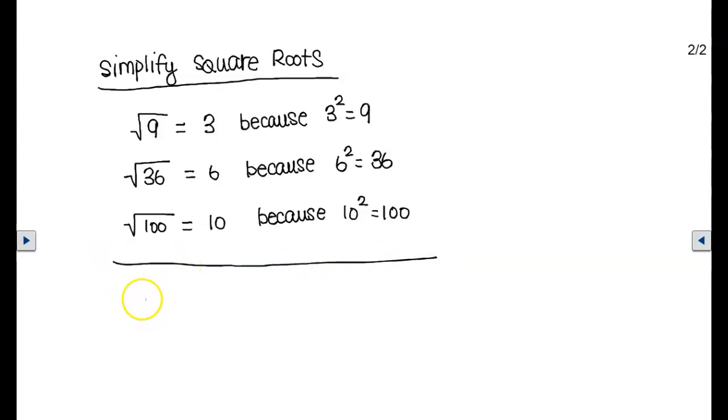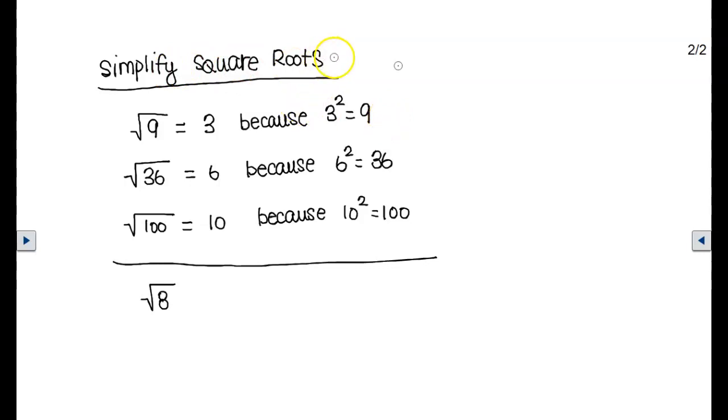All right, so now let's suppose that I ask you to do something like the square root of 8. So that would be saying what number times itself would give me 8 as the result. Now what you'll notice is this time we can't answer that question because there is no whole number that we can multiply times itself and get 8 as the result. So this right now for us would be a question mark. This is where simplifying square roots comes into play.